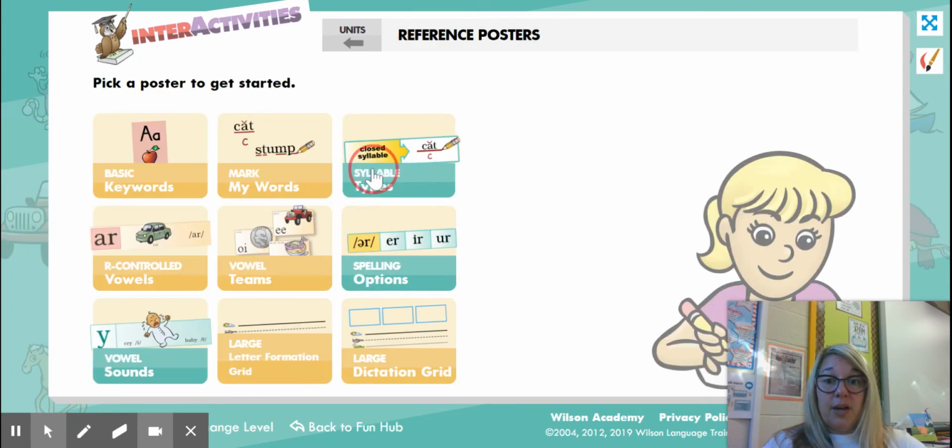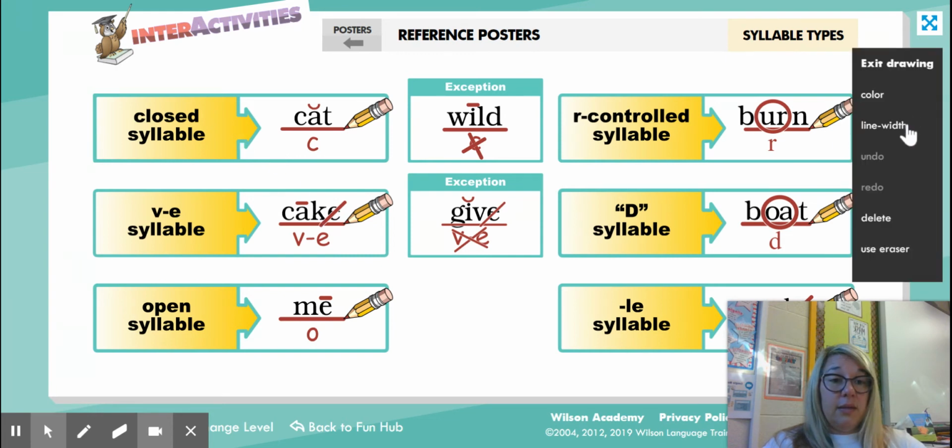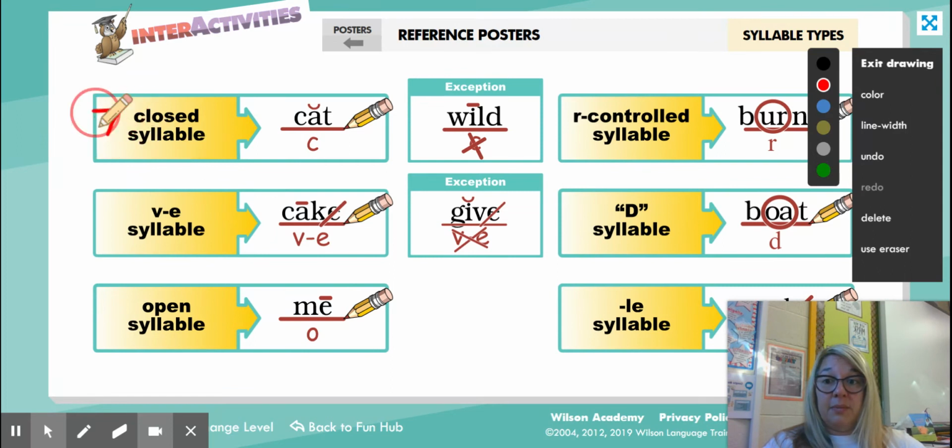So when we look at our syllable types, we started this year remembering how to mark closed syllables. And remember, we put a line under the syllable. We use the breve as a short vowel symbol with a C under it for closed.